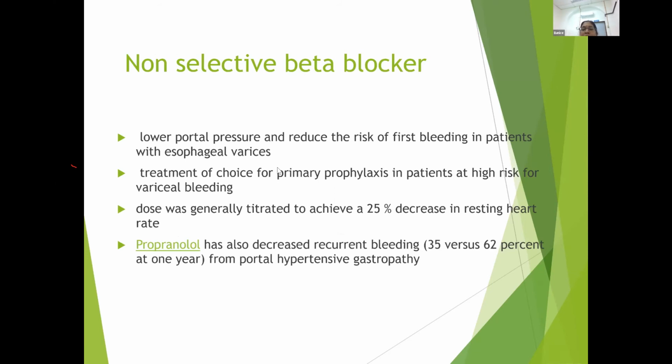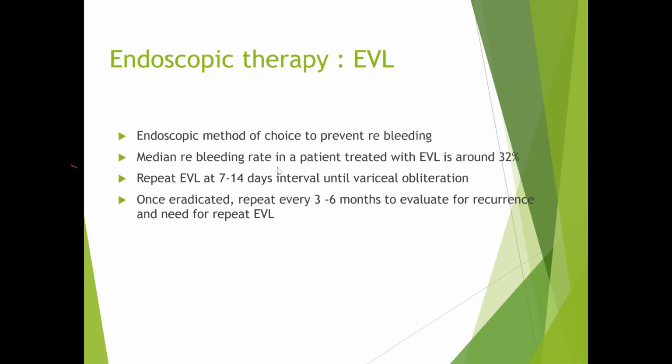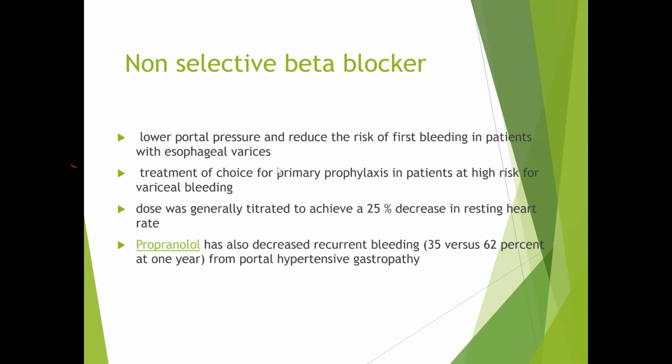And propranolol also decreases the recurrence of bleeding, 35% versus 62% at 1 year. Okay, so before we discharge a patient with a variceal bleed, if there is no contraindication, we should make sure the patient is discharged with propranolol.